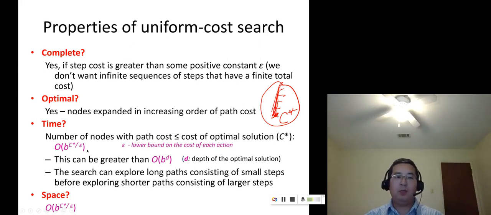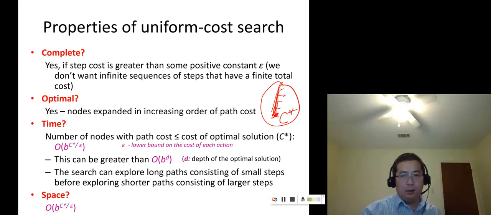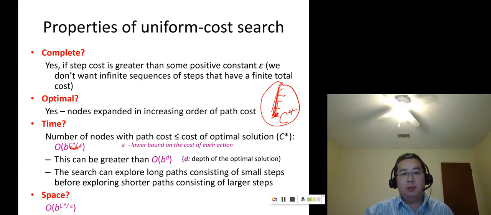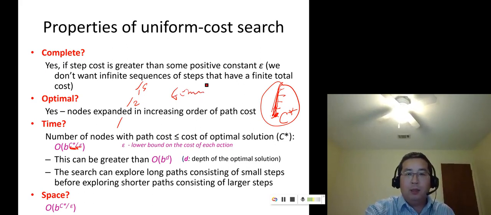This is just to get the number of nodes. That means it will be smaller than this bound. This is an upper bound. C star over epsilon is like the layers. You can think about how many layers, because each cost maybe is 1, maybe is 2, but here we just use the minimum of all of them.